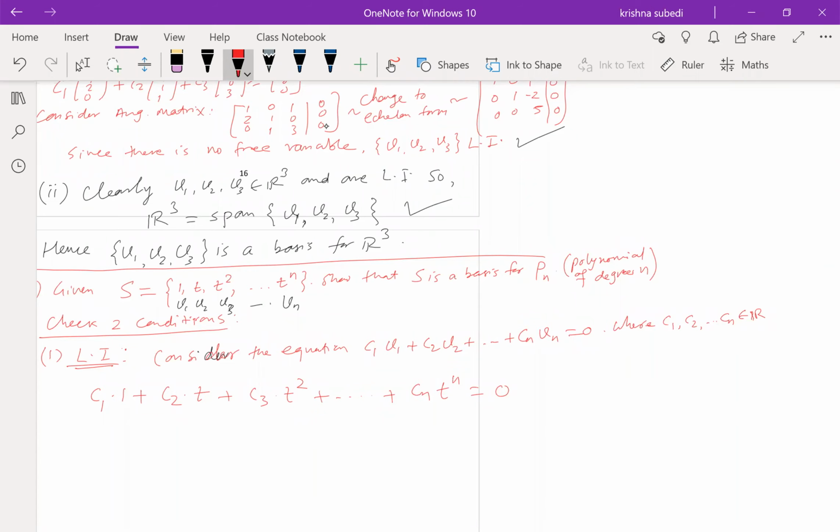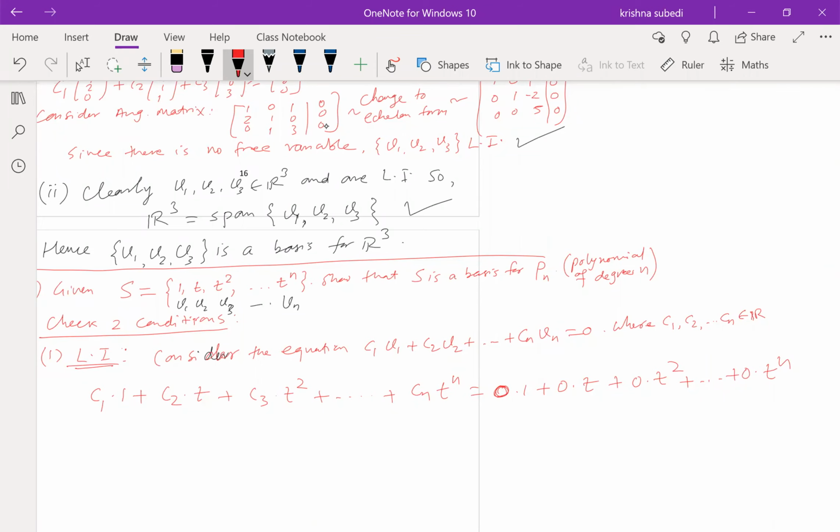Now, can 0 be expressed as a polynomial of degree n? So 0 can be written as 0 times 1 plus 0 times t plus 0 times t square plus 0 times t to the n. Is that true? What it means is we can express 0 as a polynomial of degree n.